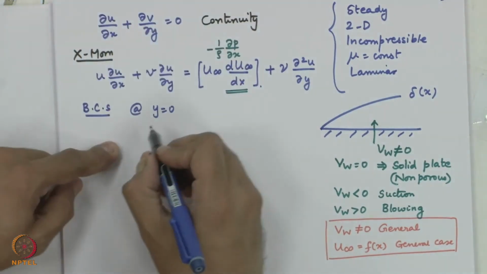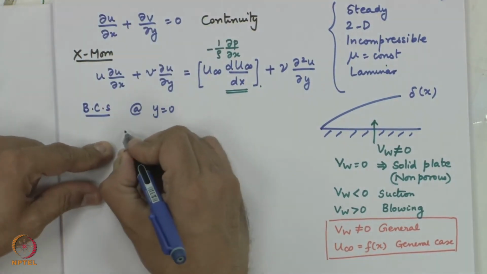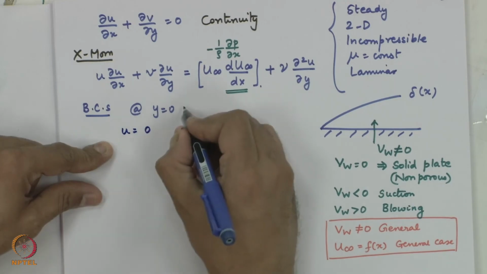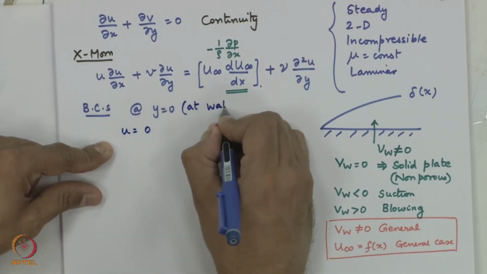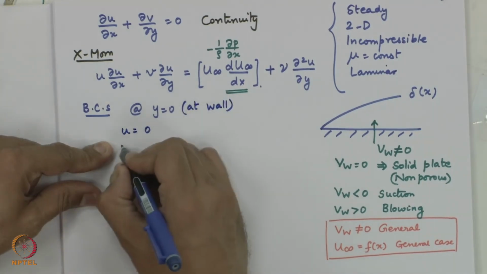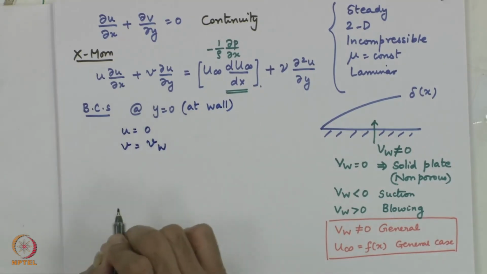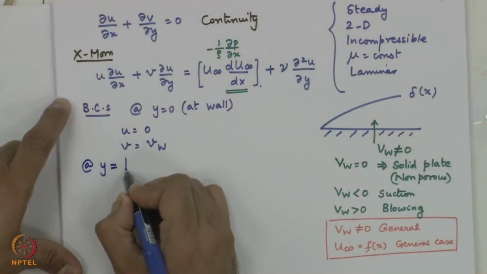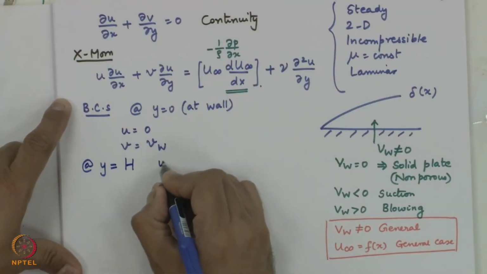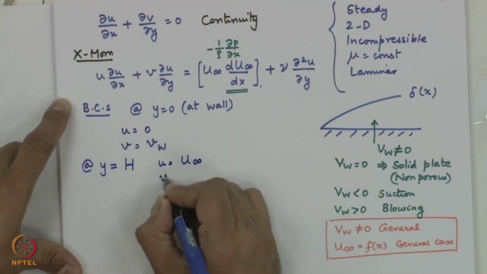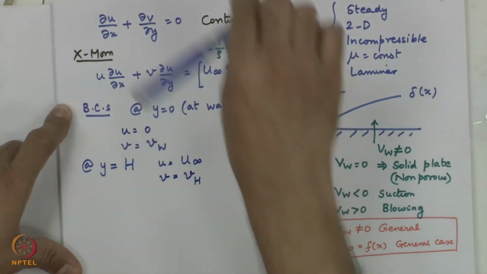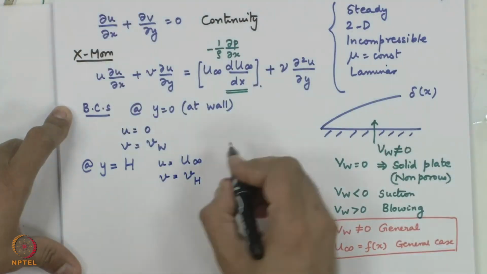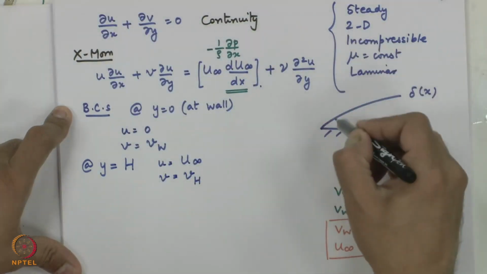So, boundary conditions: at y equal to 0, that is at the wall, u is equal to 0, v equal to Vw, which incidentally can be positive, negative or 0. This is the first boundary condition. Second boundary condition: at y equal to some capital H, u is equal to u infinity, v is equal to v sub h. What is this h? This h is somewhere here, way above.